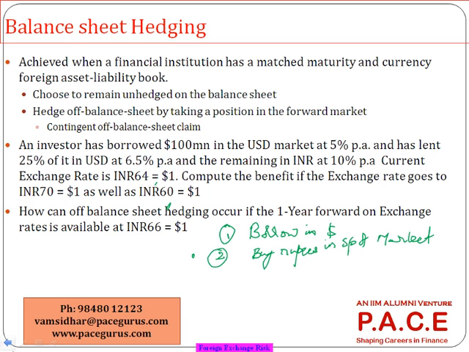in the spot market. Now simultaneously what I am doing, I will short rupee forward. In the forward market, I'll short rupee where the maturity is 1 year and the price is 66.